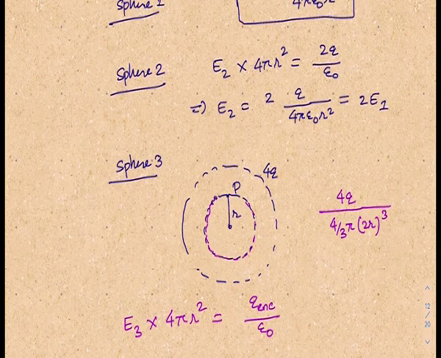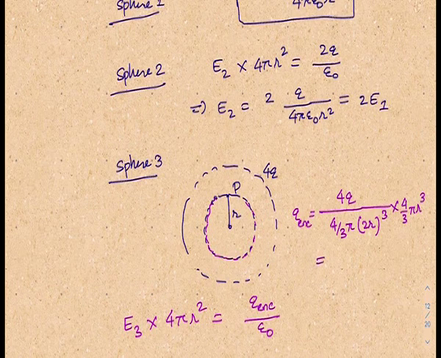So the Gaussian sphere has volume 4 by 3 pi r cube, and Q enclosed is the charge per unit volume times the Gaussian sphere volume. If you work it out, you will see that this turns out to be simply q by 2.